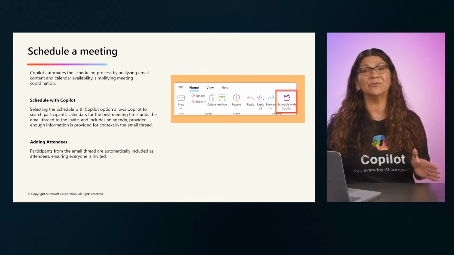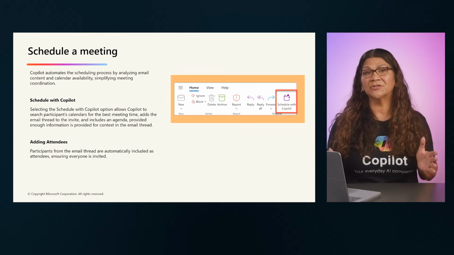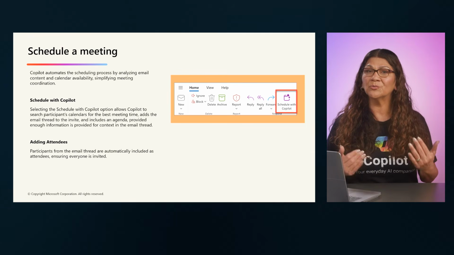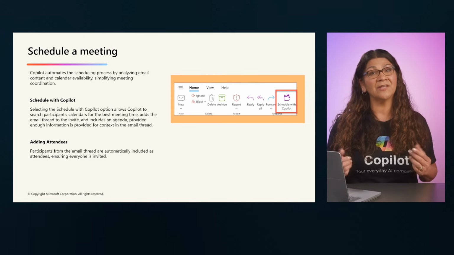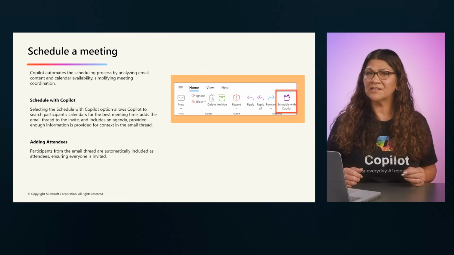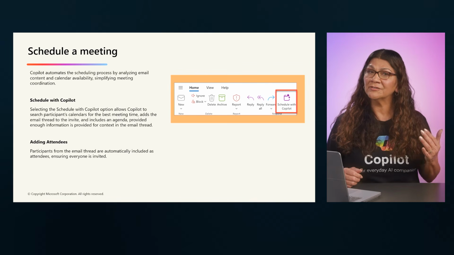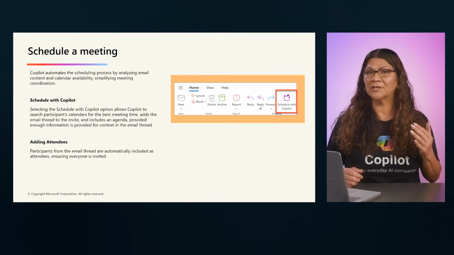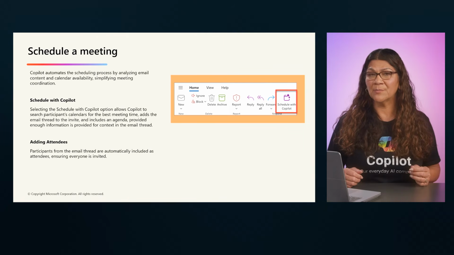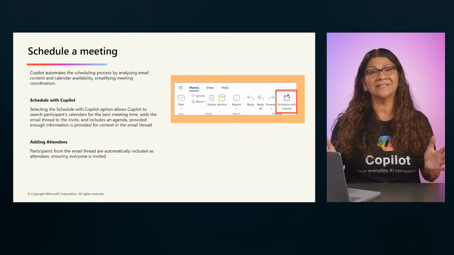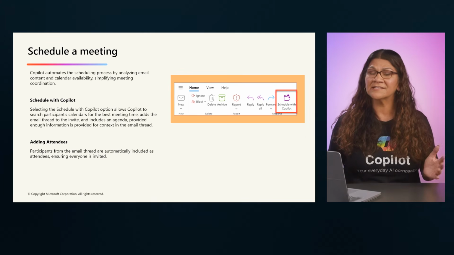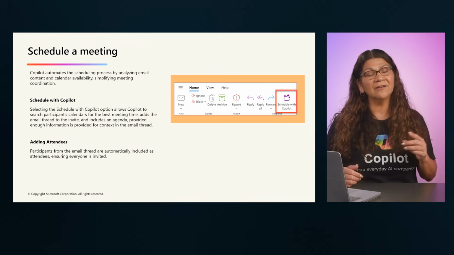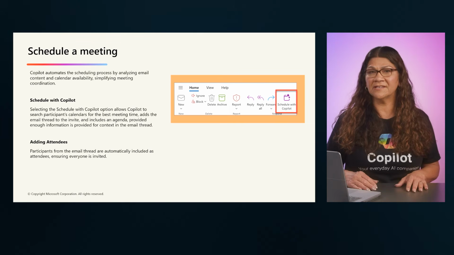Copilot in Outlook simplifies meeting scheduling by turning email conversations into ready-to-send meeting invitations with almost no manual effort. By analyzing the email thread and checking calendar availability, Copilot can propose the best meeting time, generate a clear meeting title and agenda, attach the original email for context, and automatically include everyone that's in that thread as attendees.